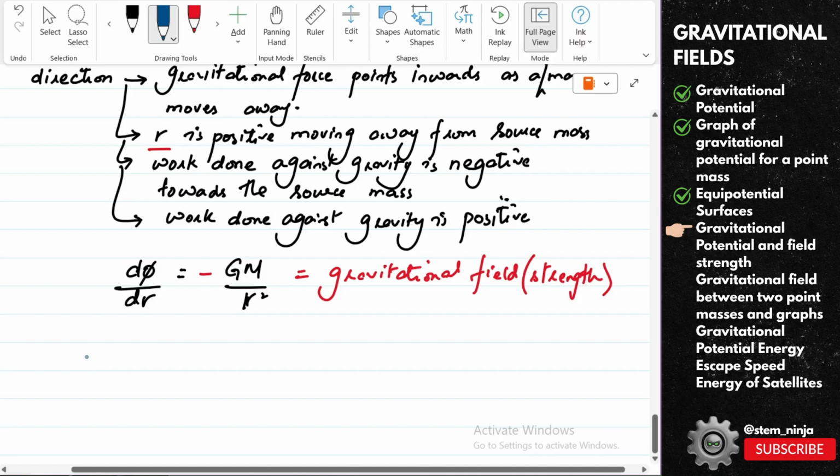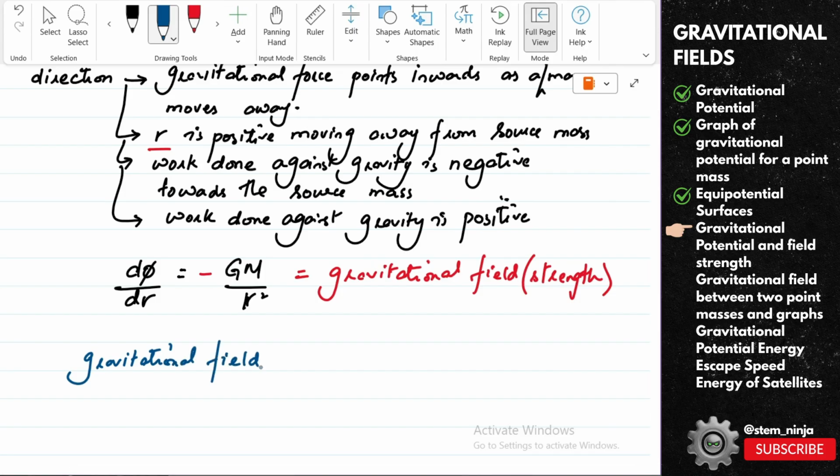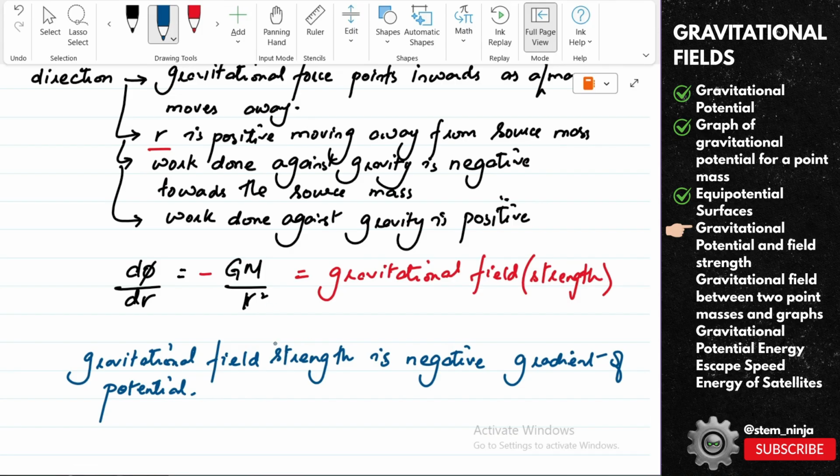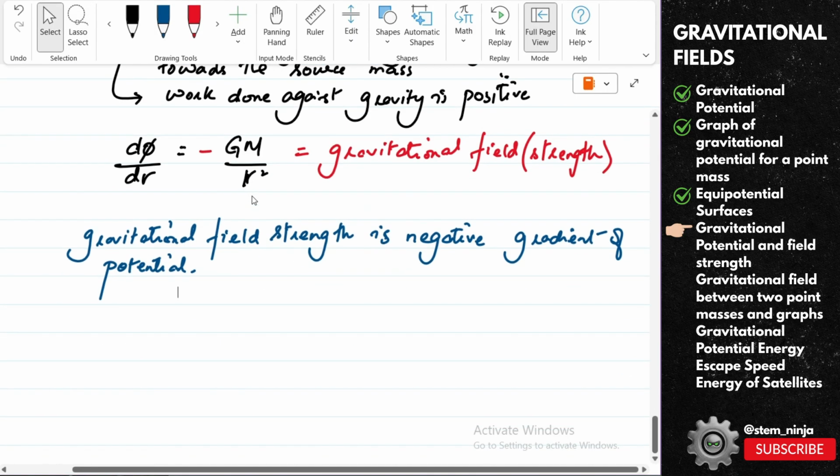So, in short, the gravitational field strength is the negative gradient of potential. Okay, so gravitational field strength is the negative gradient of the potential graph.